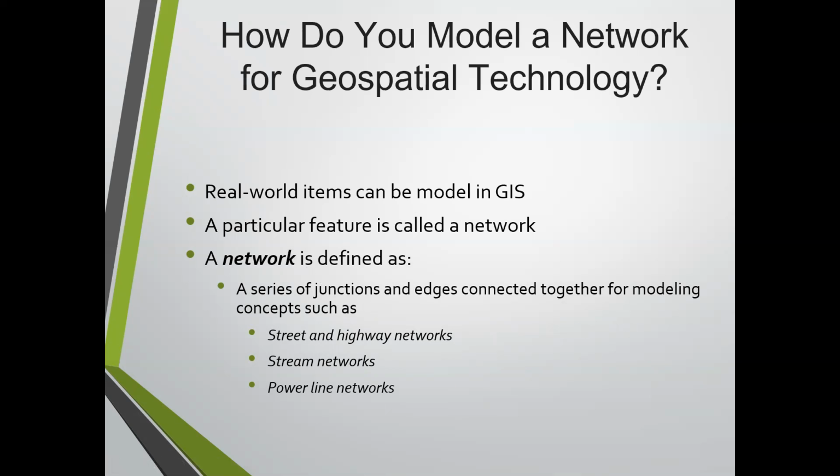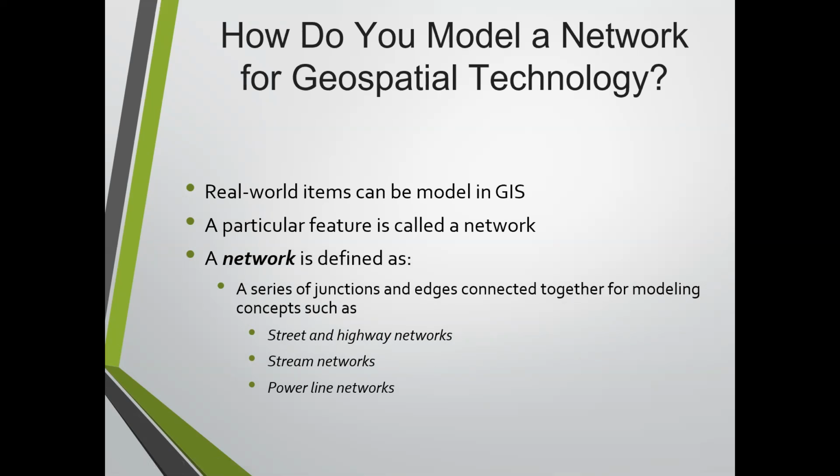But anything that we can connect together in a series of things like that, then we can think of that as a network. So for instance, a street or highway network, that's your classic example. Stream networks, which a lot of people might not think about, but if you're doing hydrology types of studies, you have the head end of a stream, and then that goes into another stream, and then those streams feed in, and then ultimately you get into rivers like the Ohio River, and those are just all big networks of interconnected waterways.